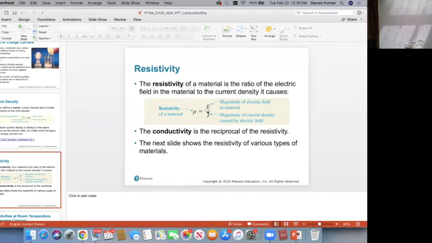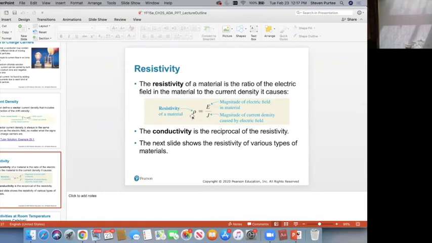Say you apply a really big field and you don't get much current, then you have a very resistive material. But if you apply a small field and you get a big current, then this would be very small. You would have a very non-resistive or conductive material. So resistivity is a measure of a material's ability to resist current.